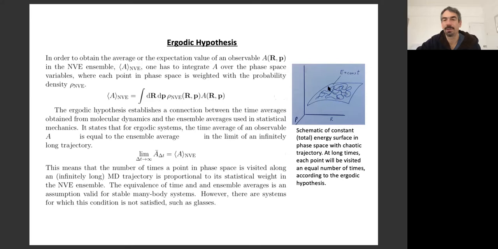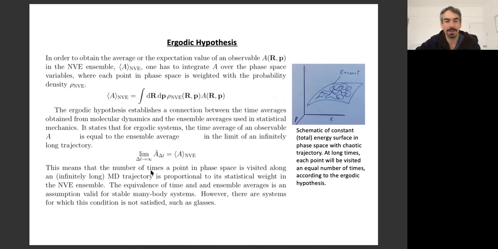But in the infinite time limit, each of these points on that surface is visited the same number of times. Okay, so this is what the NVE ensemble is all about. It's because the probability density should be the same for each of these points.